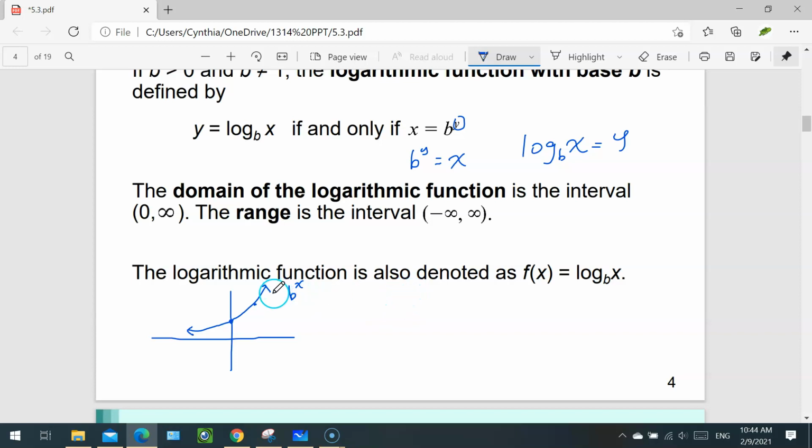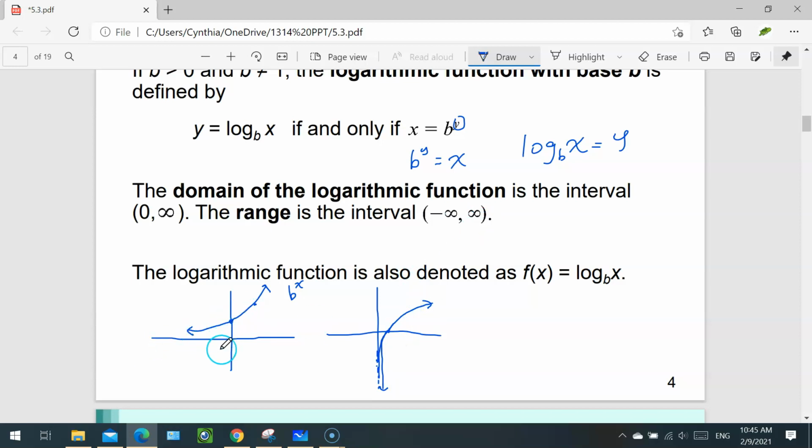The inverse of the exponential function is a logarithm function. In the logarithm function, you will have the curve always stay on the right hand side, or stay on the positive x-axis. And here is the asymptote. It never really touches the y-axis here, right? Just keep going down and keep going up forever.